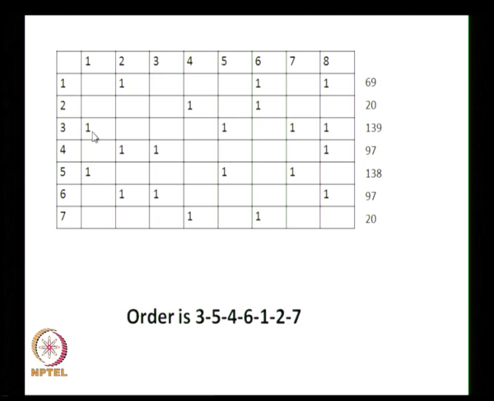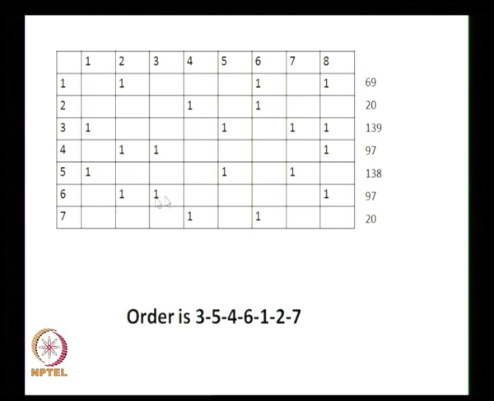Now, here the weight is 128 plus 8, 136, plus 2, 138, plus 1, 139. Here the weight is 64 plus 32, 96, 96 plus 1, 97. Here it is 128 plus 8, 136, plus 2, 138.